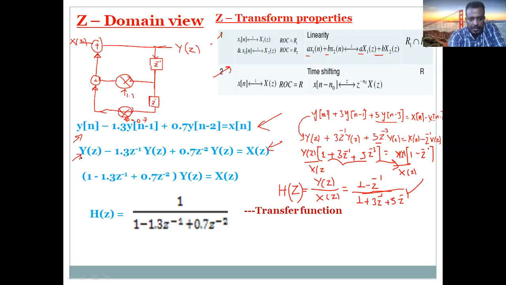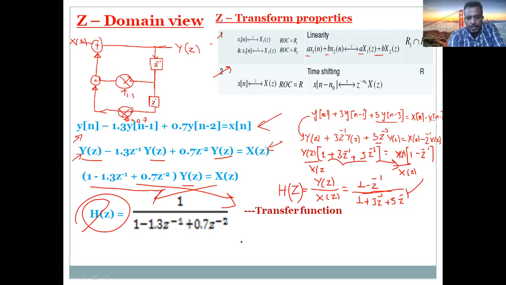So this is the transfer function of this system.